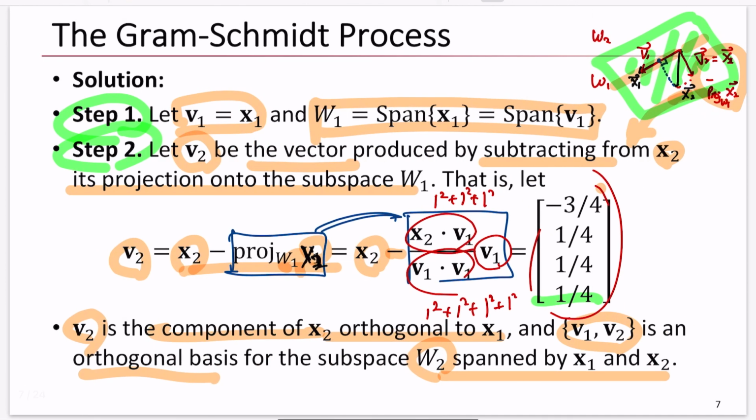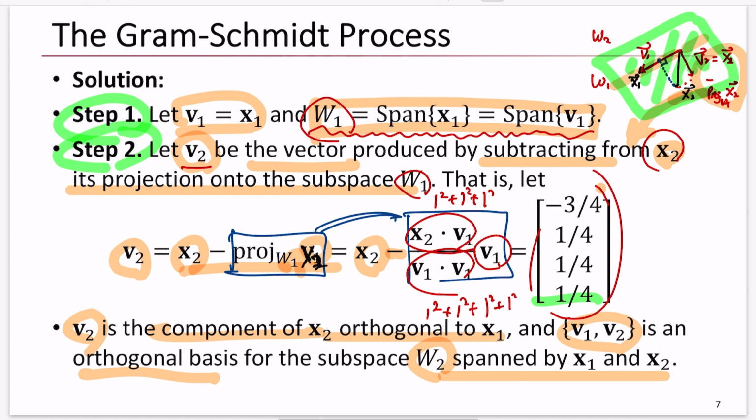In step 1, let V1 equal x1, which means W1 is the span of x1, equal to the span of V1. In step 2, let V2 be the vector produced by subtracting from x2 its projection onto W1.